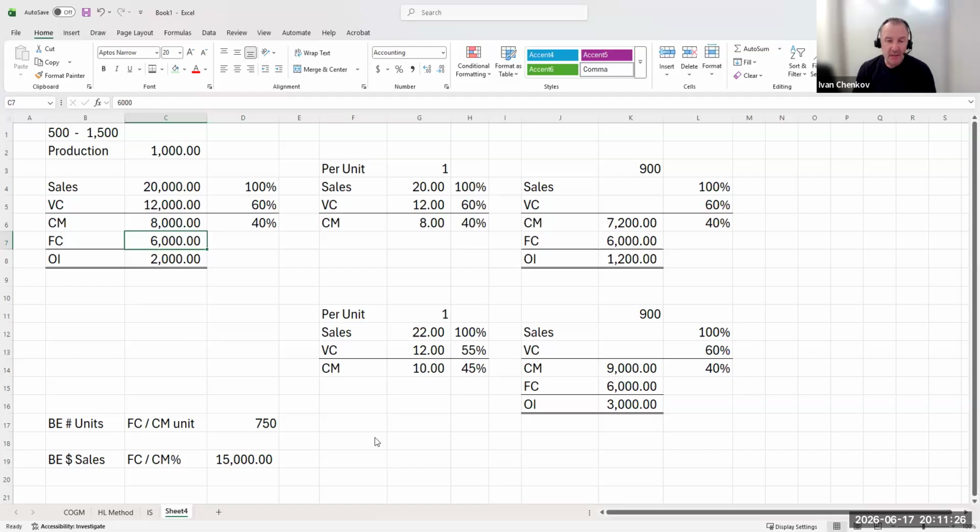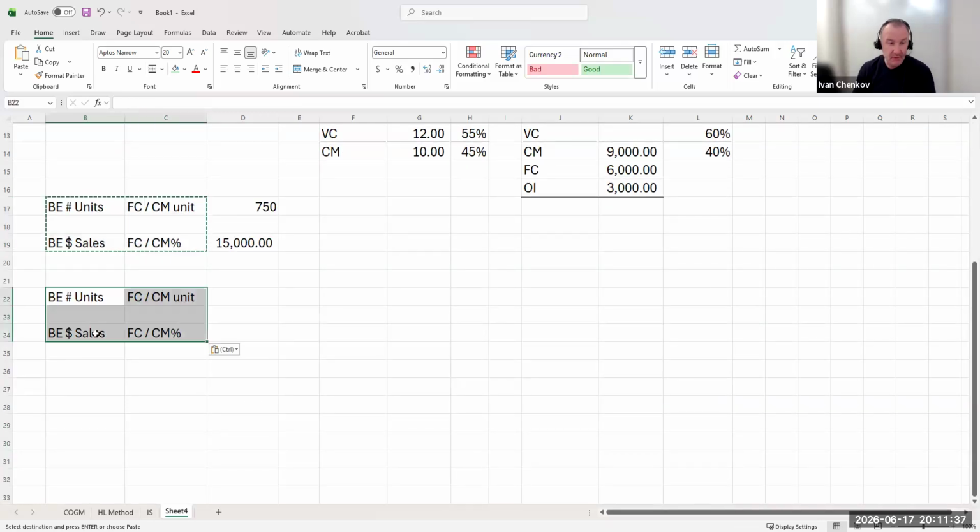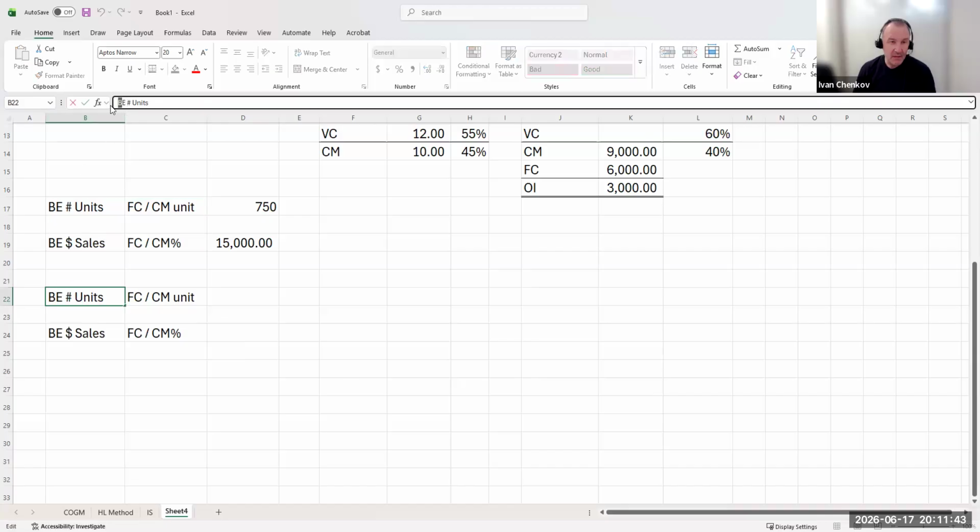And then you're going to play with how many units we need to sell to achieve the target profit of $5,000. If you have the target profit, what you have to do is still use those formulas for the break even, but add. Let's go with the targets now.